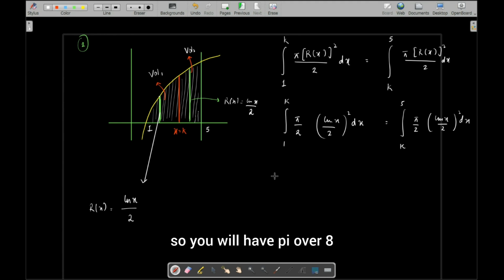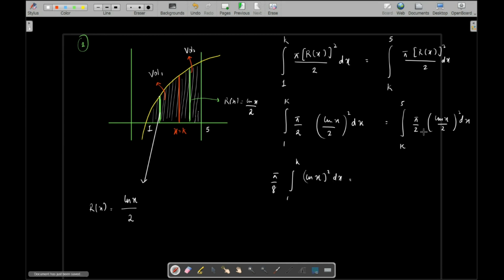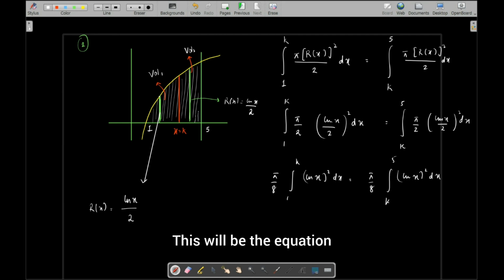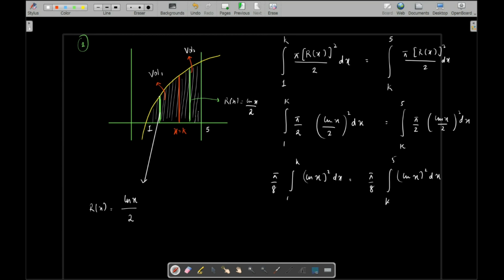So you will have pi over 8 integral 1 to k ln x whole square dx equals, same thing here, pi over 8 integral k to 5 ln x whole square dx. This will be the equation, and they have said do not solve the equation, so we can keep it here.